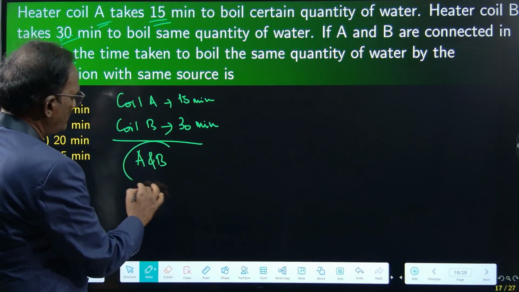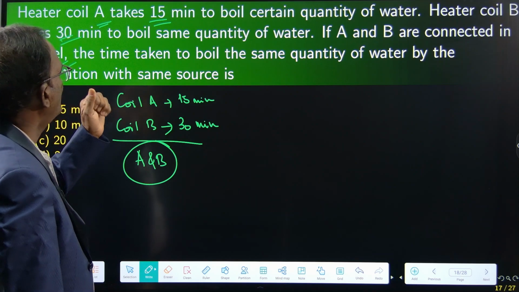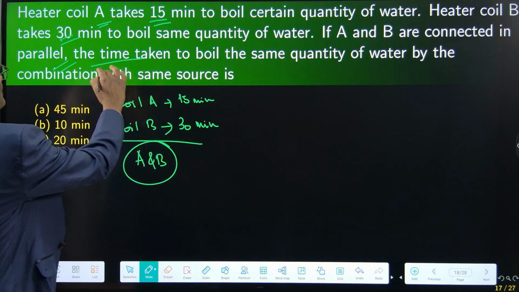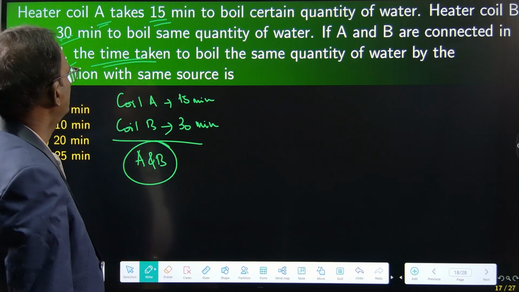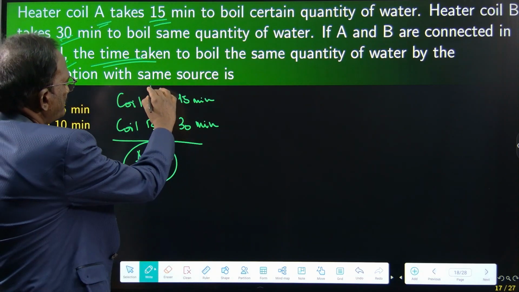If they are put together, what is the time taken to boil the same quantity of water by the same source?